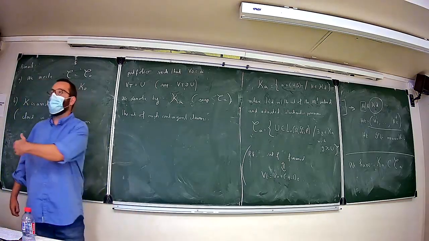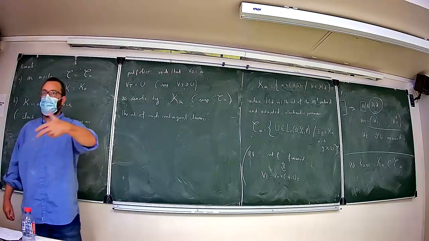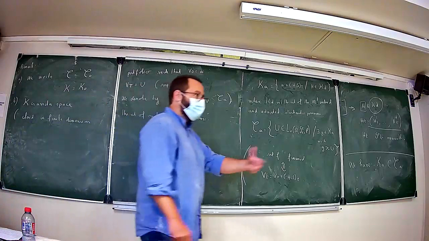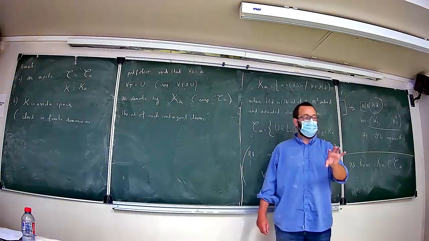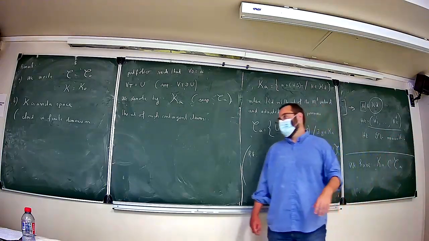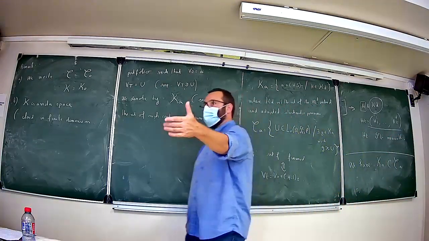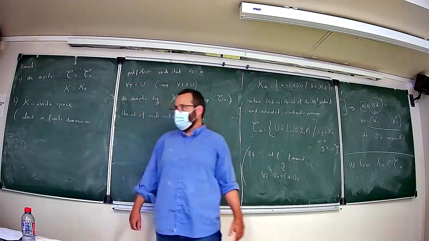Because I am in finite dimension, so I have a basis with a finite number of elements. So it means that any element in my vector space may be decomposed using the vectors of the basis, and I can see that this condition is a closed one, very basically.